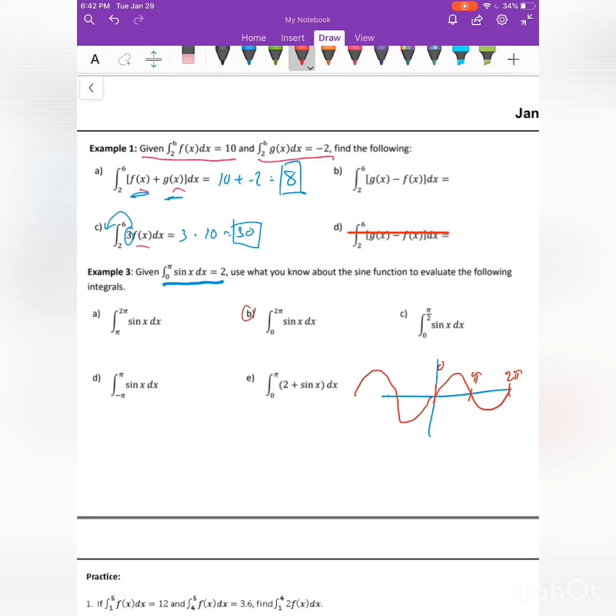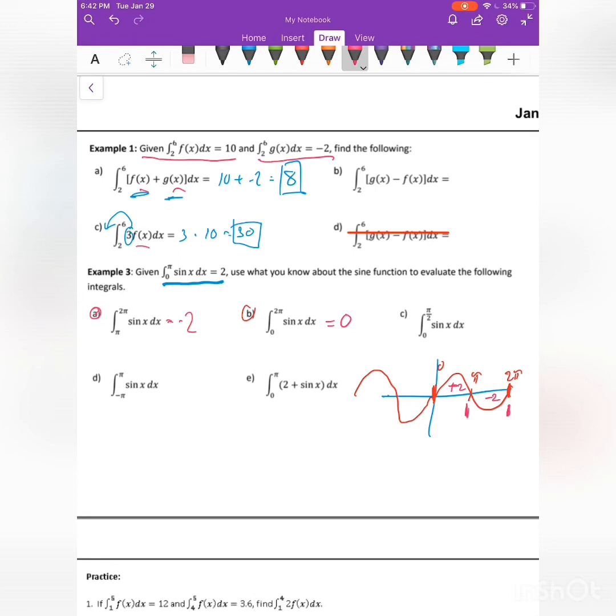So if you integrate from 0 to 2 pi, you have a positive area here and a negative area here, and they're exactly opposites. That's going to be 0. And if you integrate from pi to 2 pi, like A, that is going to be negative, and you know that the first half is 2, so the other half should be -2.